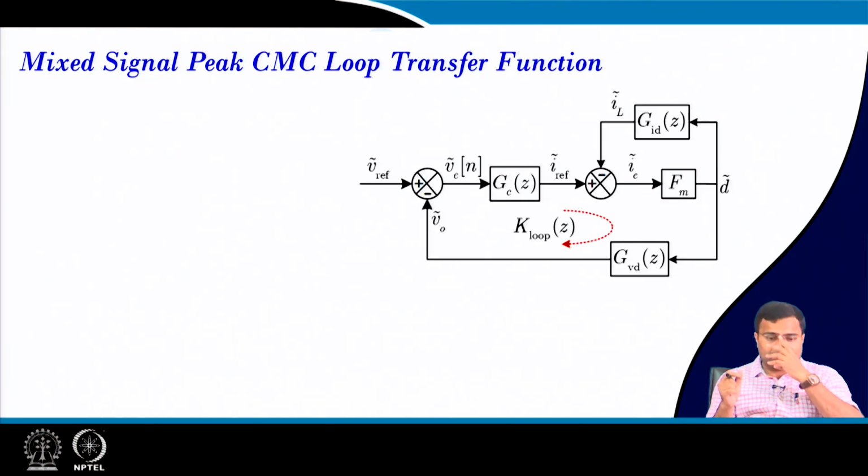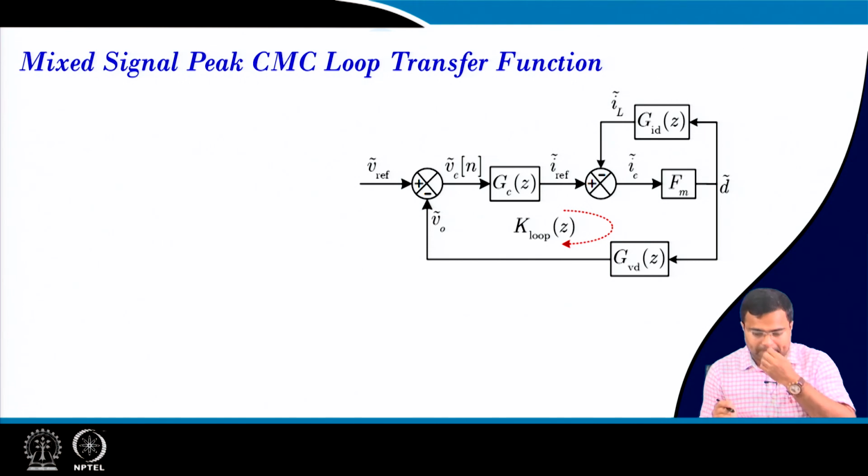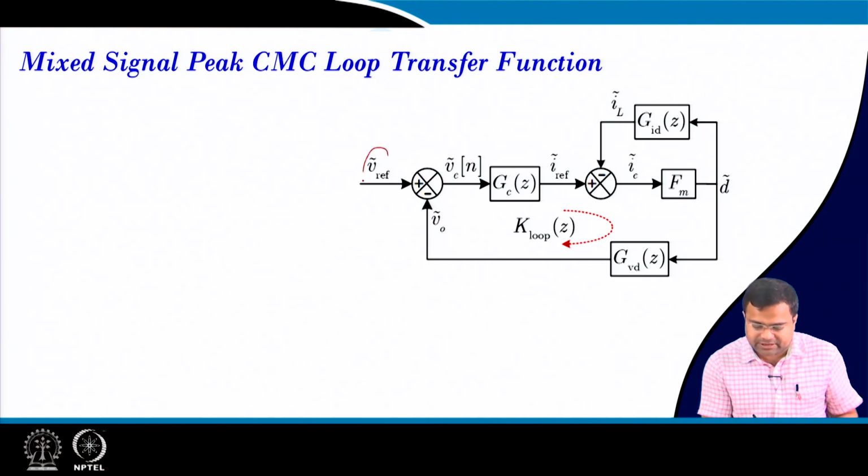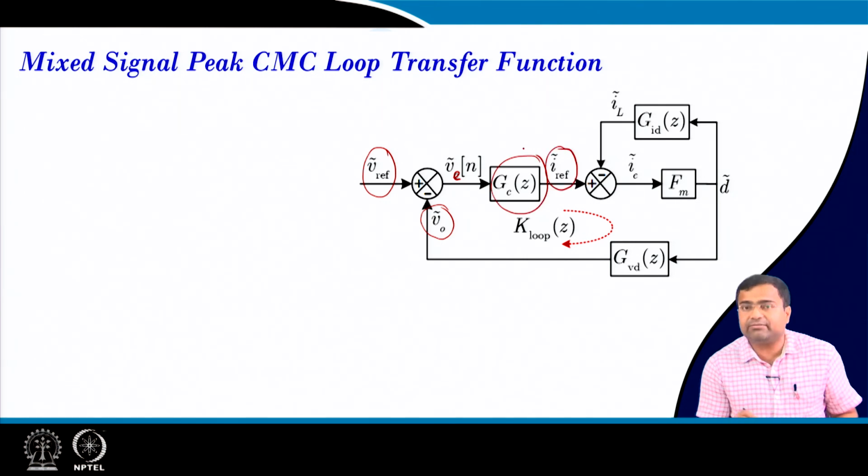So that means this is a loop transfer function under peak current mode control. You see, this is the reference voltage minus the output voltage. This is the error voltage, it goes to the controller, and it generates the reference current level.